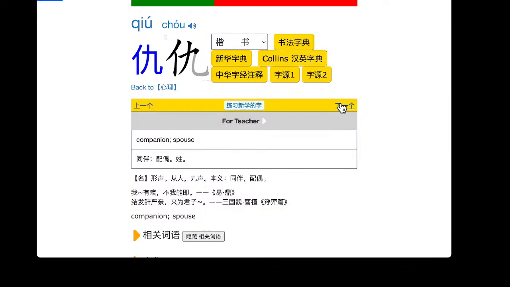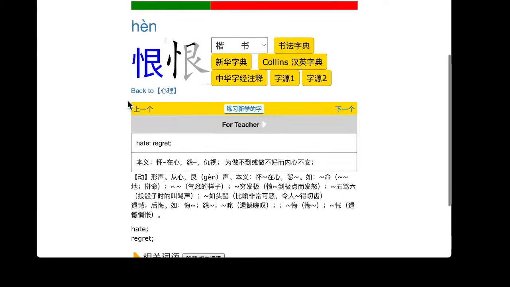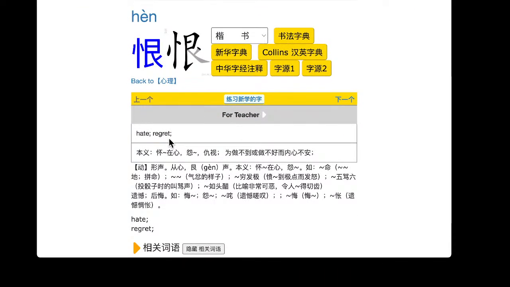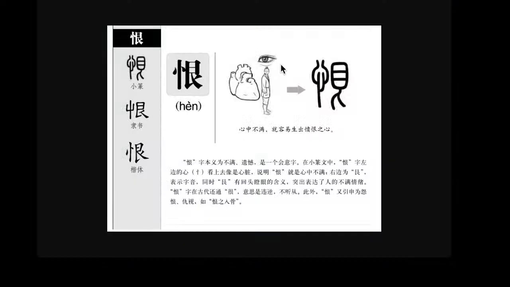Next one. 恨. 恨 has two meanings. One is hatred. The other one is regret. Like 我恨自己怎么怎么怎么, that means I deeply regret that I did something or I didn't do something. That's a regret. So let's take a look at the character itself. On the right hand side is the character 艮.